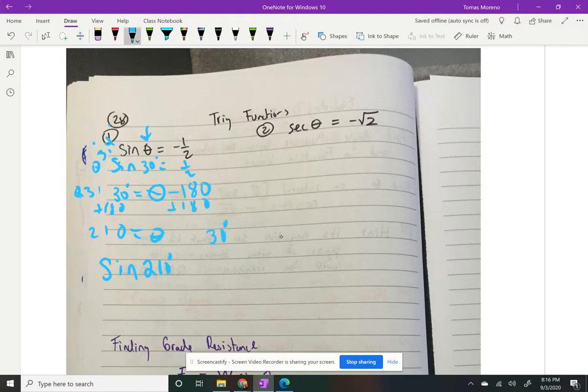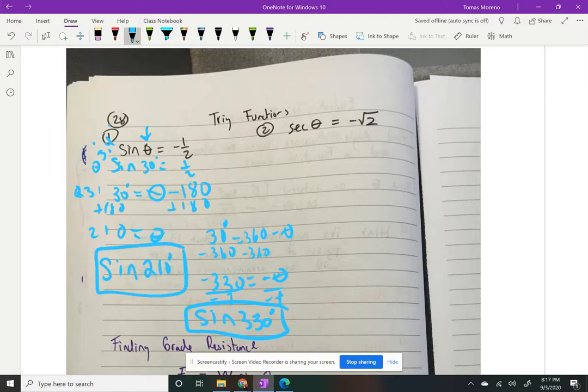We put 30 equals 360 minus theta. We subtract 360 from both sides. I hope you guys can see the blue because it's kind of light. And then right here, we have a negative theta, so we divide by negative 1, and we get 330 degrees. So we get our two answers. Bada boom, bada bing.